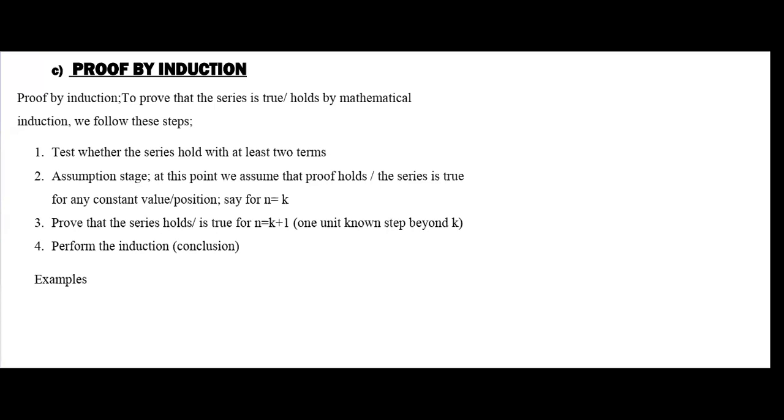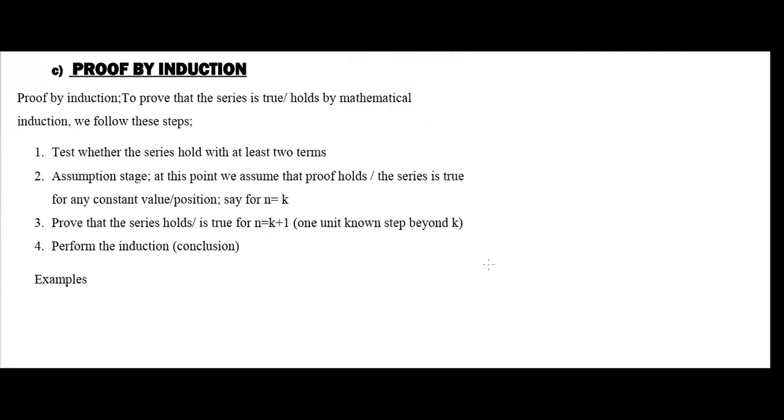Then step 3 is when we prove that beyond that constant term k the series will still hold. And step 4, we perform the induction conclusion. Straight away, I would love us to brainstorm the idea as we do examples.